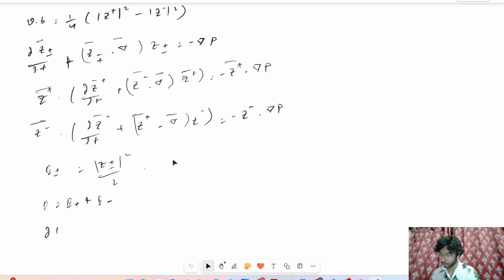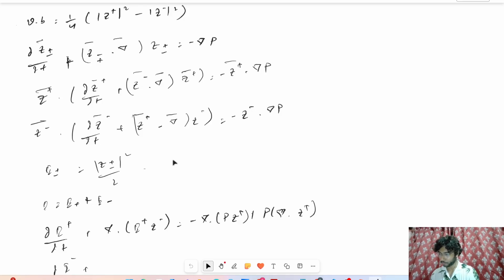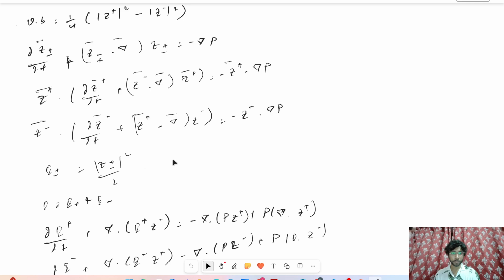So you can write these two equations as del E del T plus del dot (E plus Z minus) equals to minus del dot (E Z plus) 2 del dot Z plus. Similarly for the other one, so let me write it down and then maybe explain.